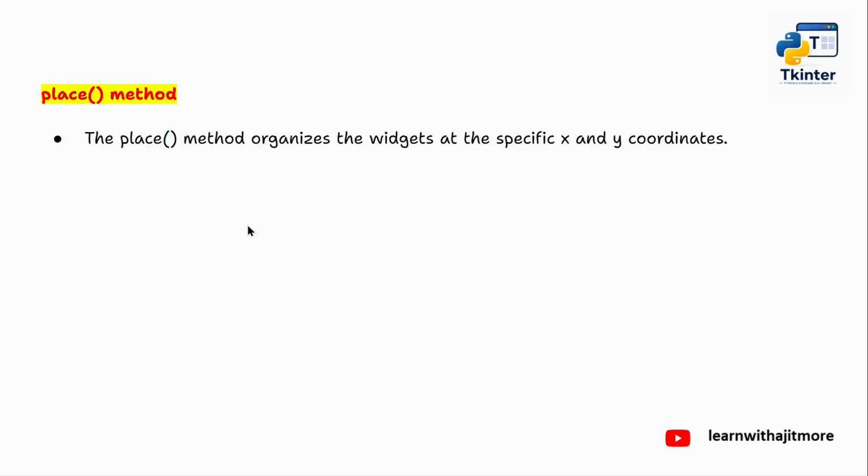Okay. So here how the placement is, what the parameters are, one by one we'll learn. So the place method organizes the widgets at the specific x and y coordinate. Exact x value, y value, what you give, exactly at that x, that y, the widget will be placed. Okay. And for that, you have to pass the x and the y position: widget dot place, give that x, give the y.